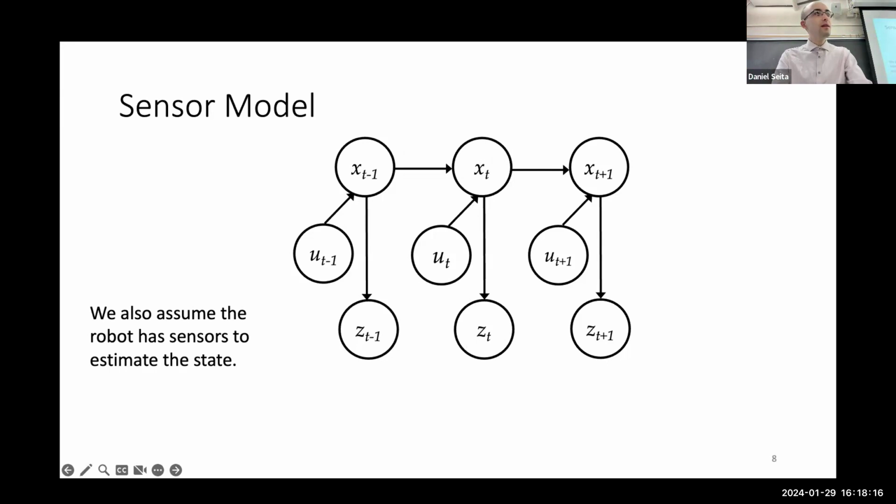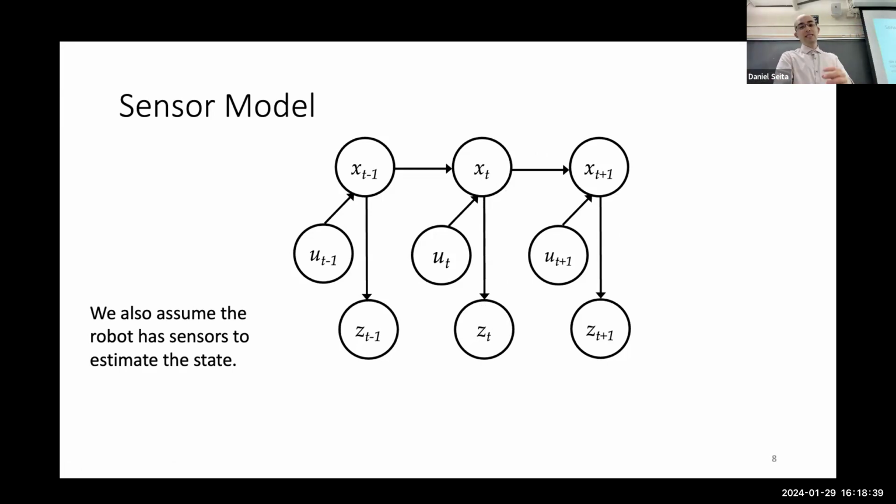Question: why is the arrow pointing from the state to the sensor? Wouldn't the sensor tell you more information about the state? The way to think about this is that these are different things.